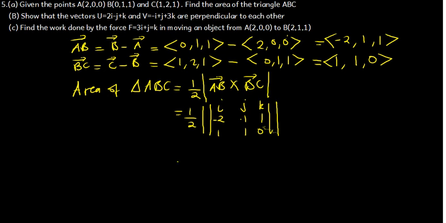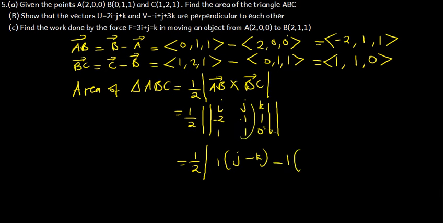And so this is going to be 1 over 2 times the determinant. I'm going to start with a 1 here. If I remove this row and this column, the matrix which remains is this one. I find this determinant, so that is i minus k. And then for this one I attach a negative there, so that would be negative 1.